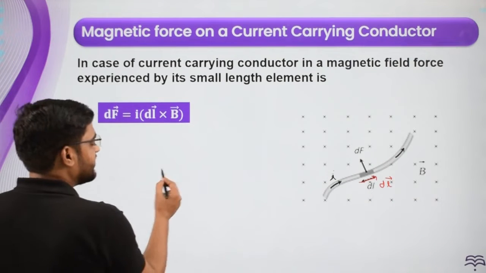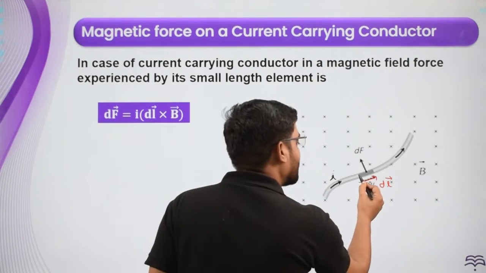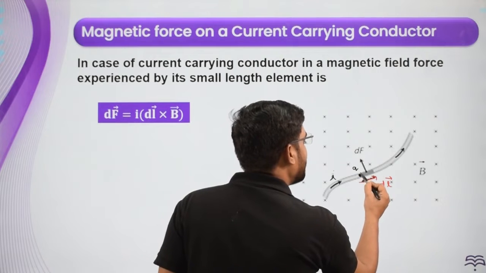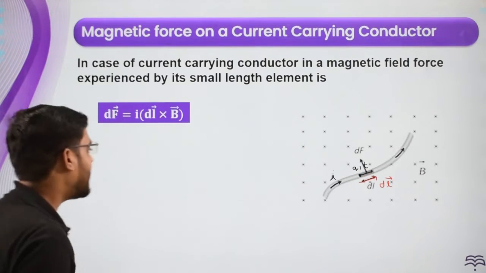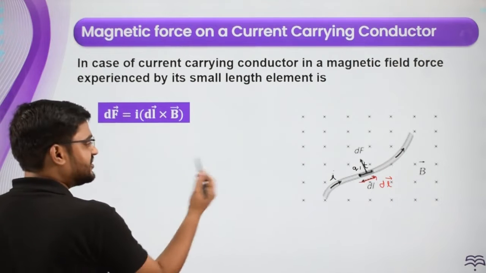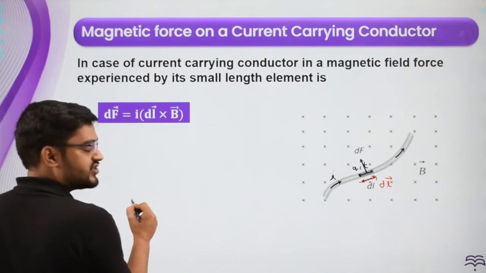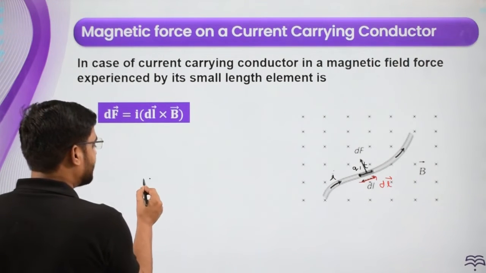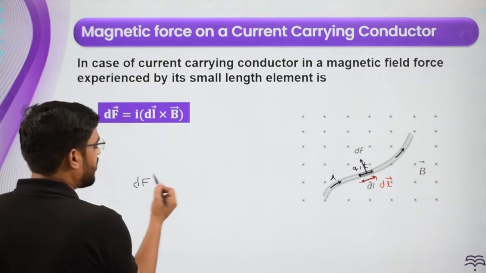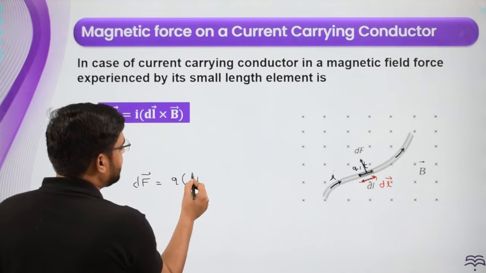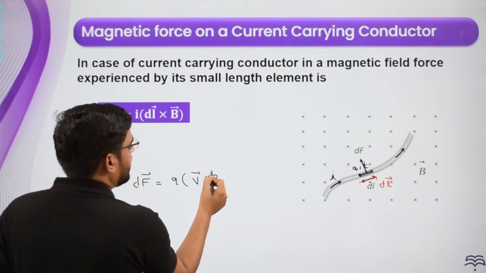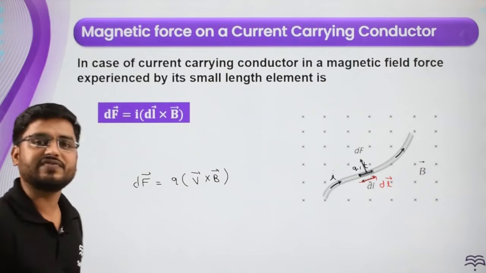So if there is charge q moving from here to here in time t, then the force on that moving charge is nothing but QVB. So the small force on that moving charge is nothing but Q V cross B. Now what I am going to do is write the velocity vector.